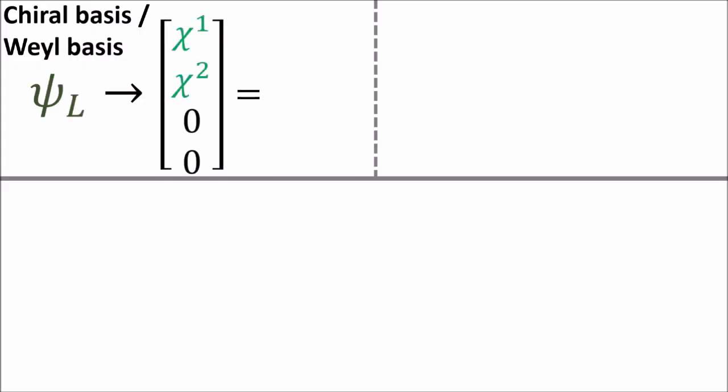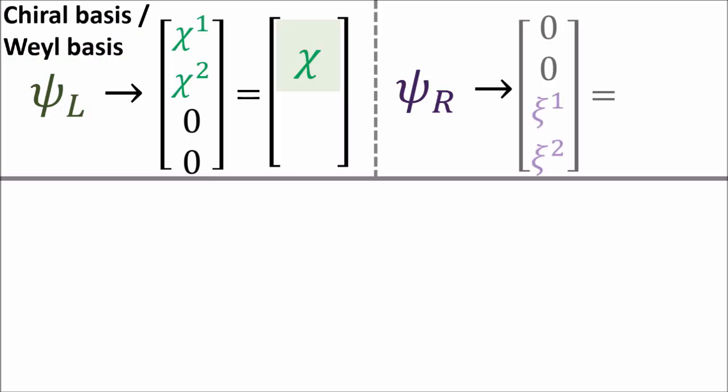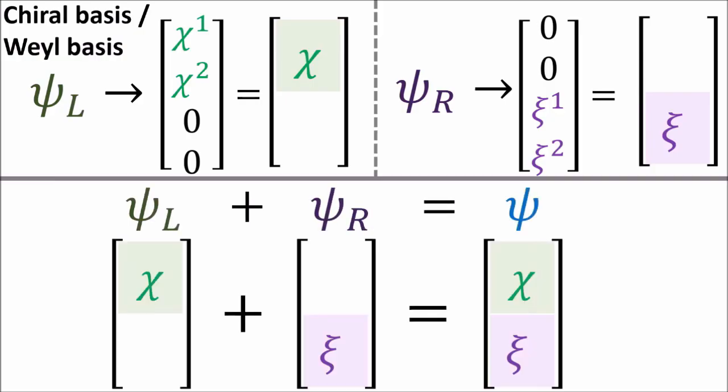As a reminder, psi L is a Dirac spinor with only the left half non-zero, which I've denoted by two chi components here. And psi R is a Dirac spinor with only the right half non-zero, which I've denoted by psi components here. The full Dirac spinor psi is the sum of its left and right parts.